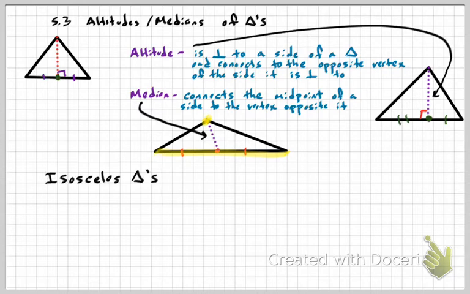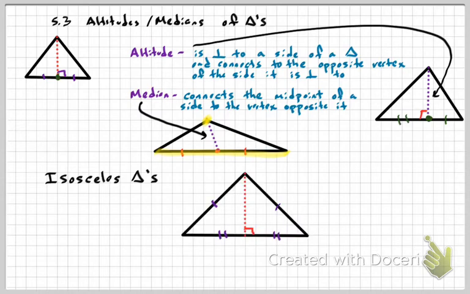Now, for an isosceles triangle, the altitude and the median are the exact same thing. So if I look at that triangle right there, I know it's isosceles because we have these two sides that are marked with a single dash, okay? And then I also know that this point down here at the bottom is my midpoint based off my double dashes.